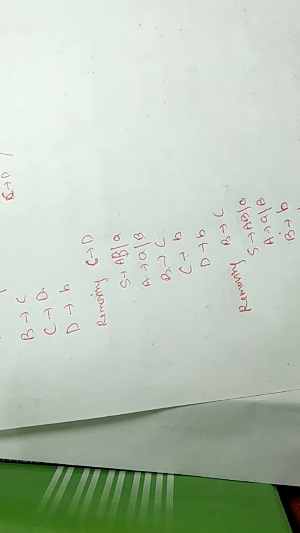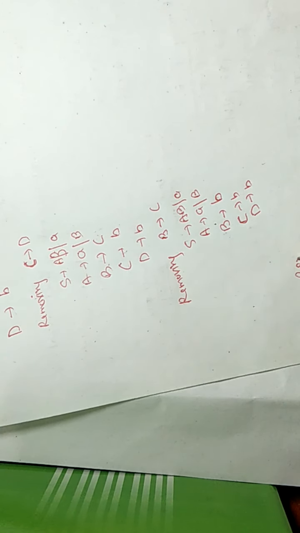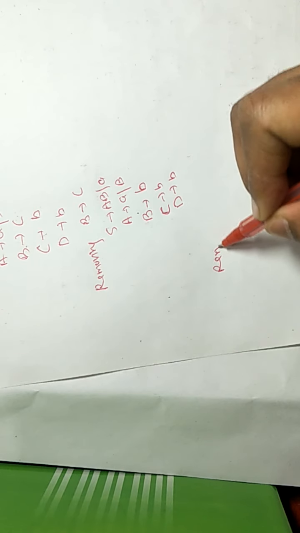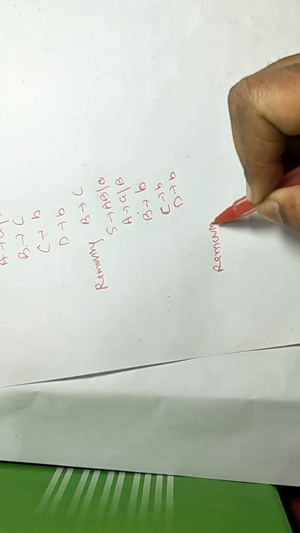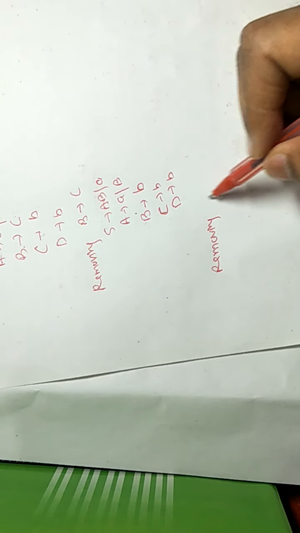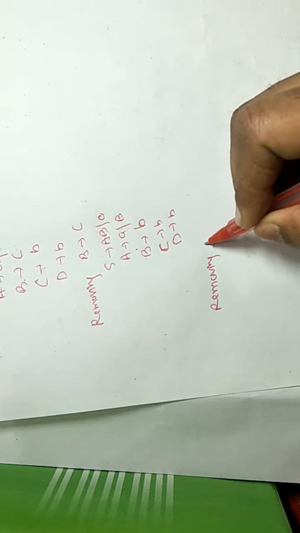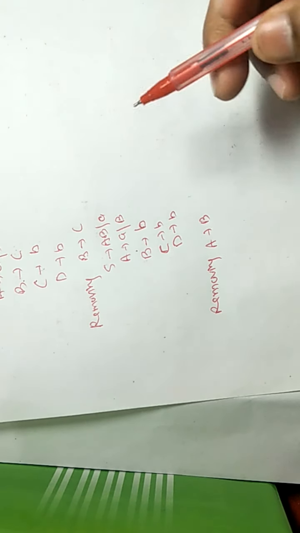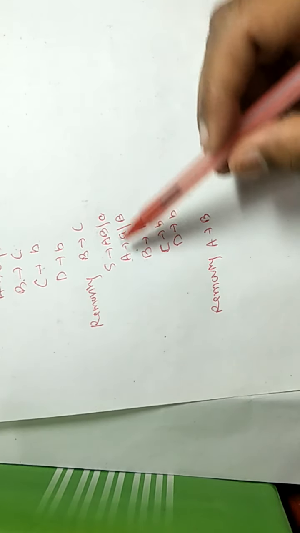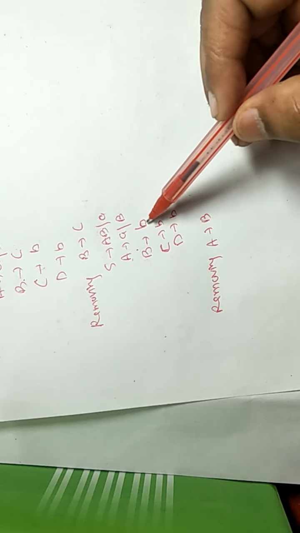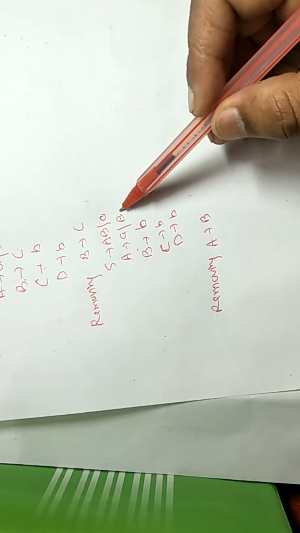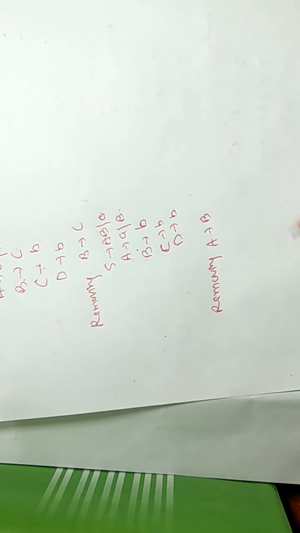Now removing the third one, A tends to B. At the place of A tends to B we can directly put the value of capital B here.